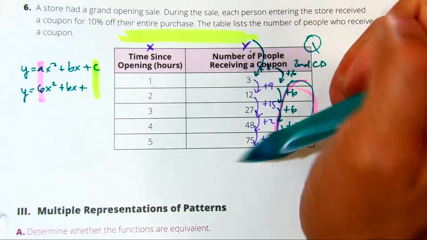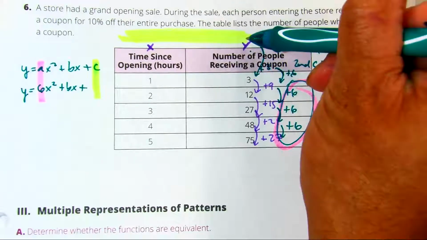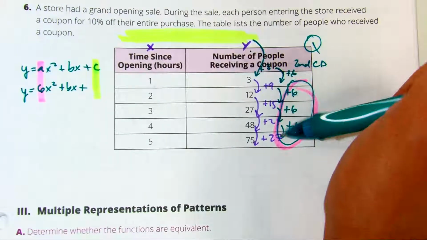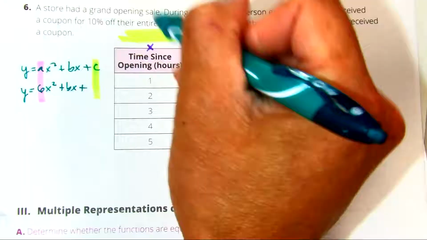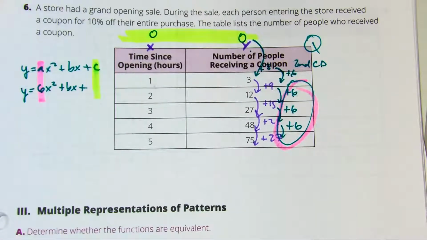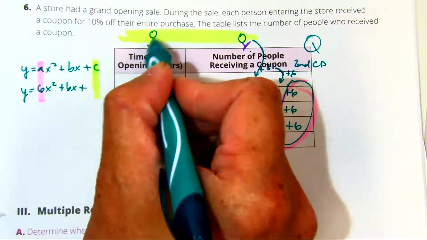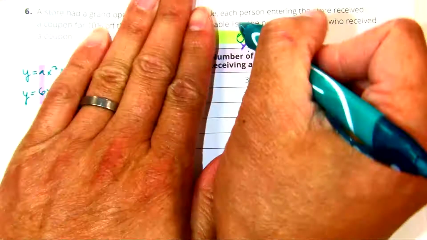Or another way of thinking about it is this number, subtracting 3 gets you that number. 0 is correct. So let's put all those numbers in. I got this x value, you don't really have to worry about in the table of values. You're looking at the y value, so you just put in 0.